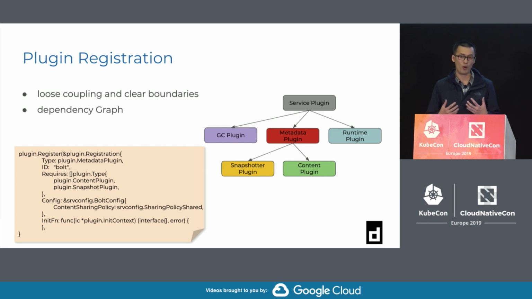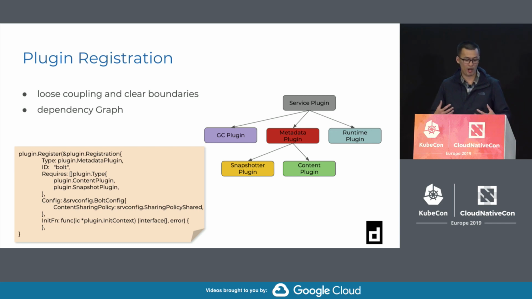So what is the dependency order? Look at this picture. We can see there are a lot of plugins in Kubernetes, right? Those plugins construct a very basic dependency tree here. All the plugins follow this pattern, and there's no cycling issue.